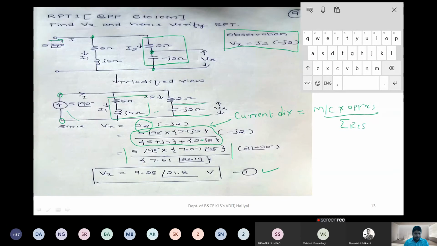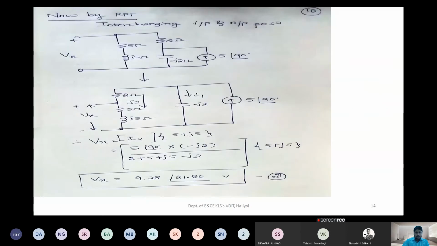Here I should assume that across these two ends I should get Vx. Okay. So this is shown here. So just look into the first figure. If you get this, then nothing else is there in this theorem. Is that clear now to you?